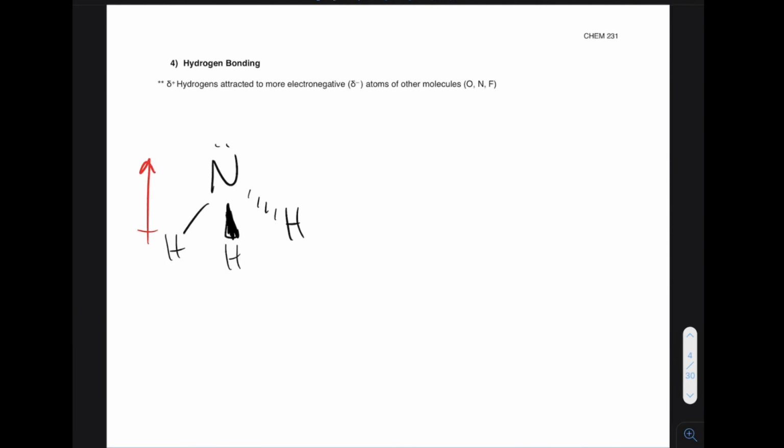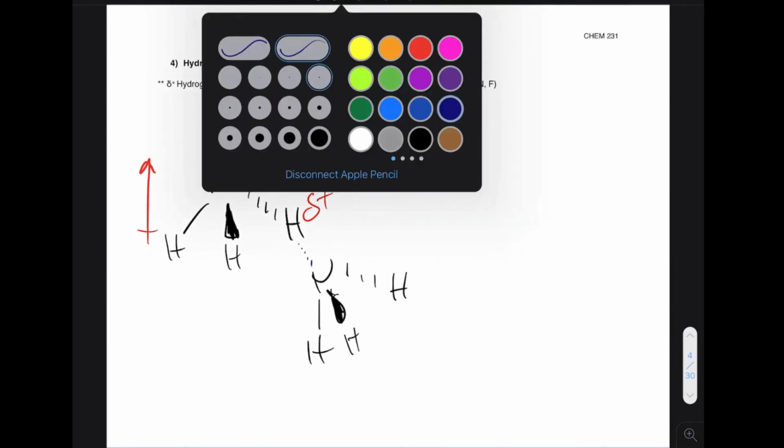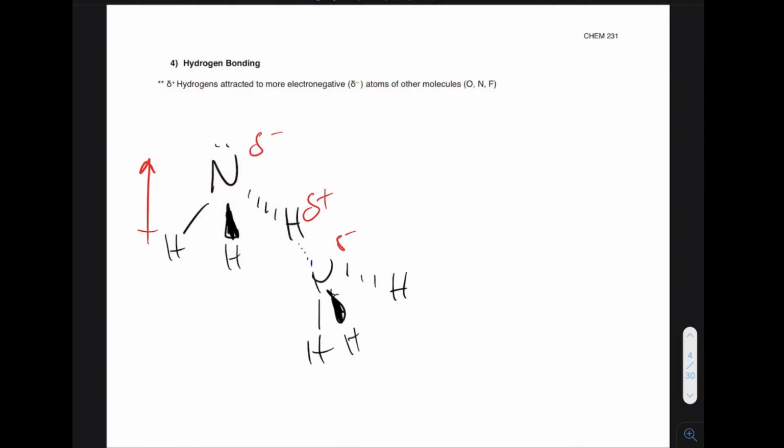So the nitrogen end of the molecule is partially negative, and the hydrogen ends are all partially positive. So if we have a variety of ammonium molecules in here, we're going to be forming these hydrogen bonding interactions from one hydrogen to that nitrogen, because of that partial negative, partial positive interaction.